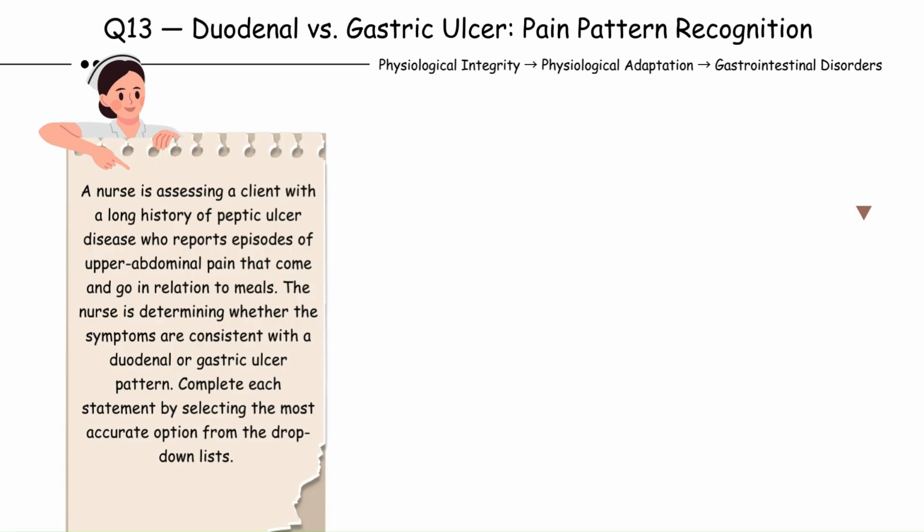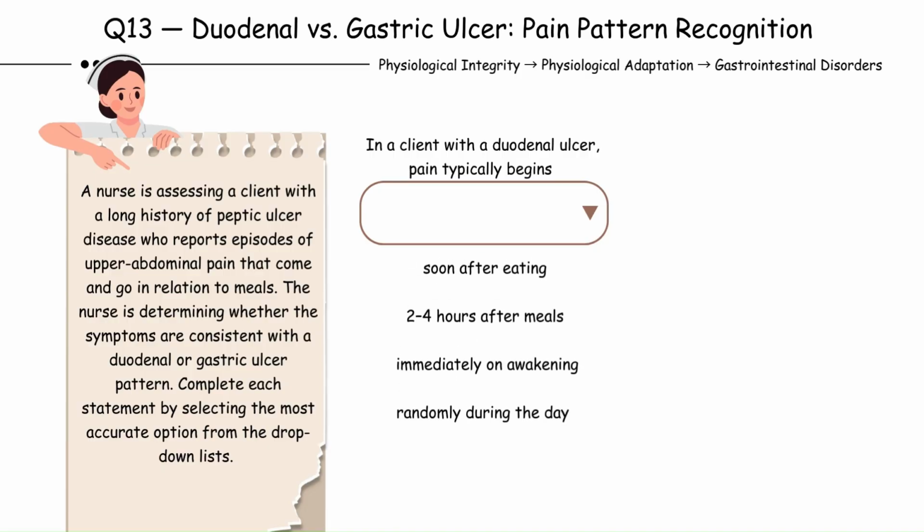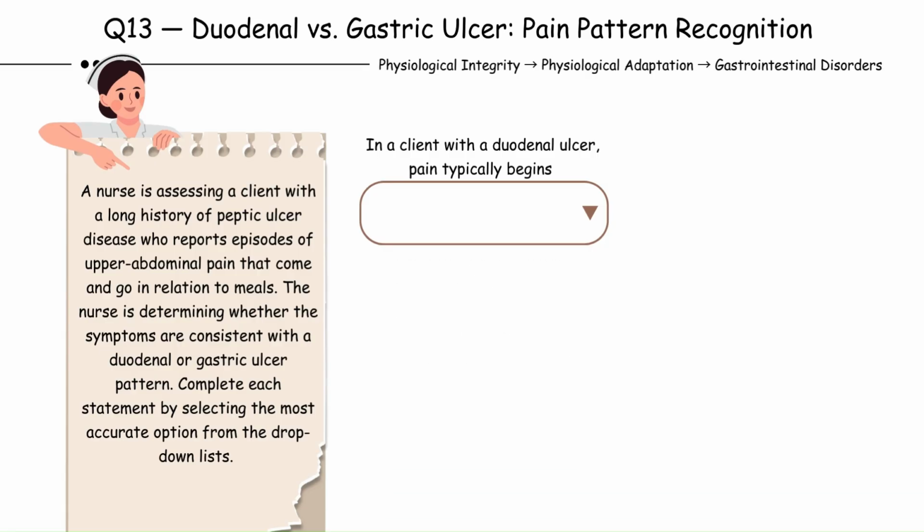First statement. In a client with a duodenal ulcer, pain typically begins. Choices for the blank one are soon after eating, 2 to 4 hours after meals, immediately on awakening, or randomly during the day. The correct choice is 2 to 4 hours after meals.